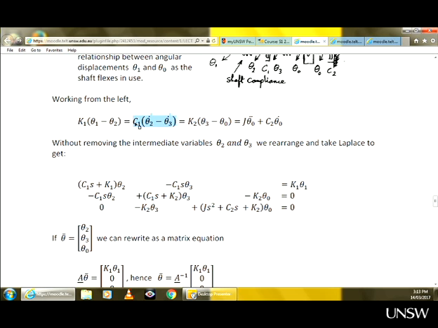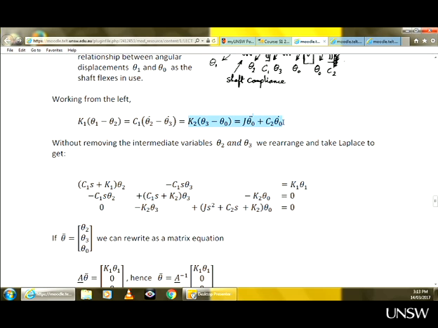So I get minus C1 theta 2 dot, so therefore C1 s, and I have K2. Yeah, that's true. So with theta 3, I'm going to have C1 times s because of the dot here, C1 s. And I'm going to have K2 times theta 3. And now, for the first time, I have theta O, with the negative sign, times K2, minus K2 theta O.